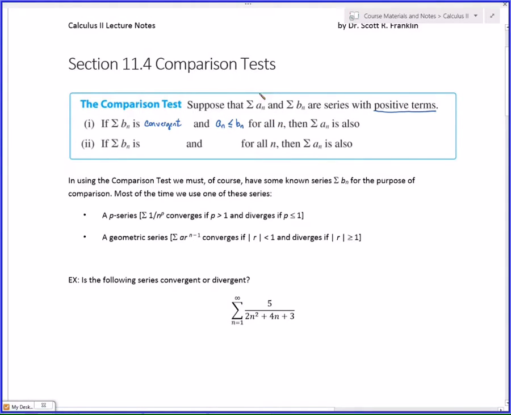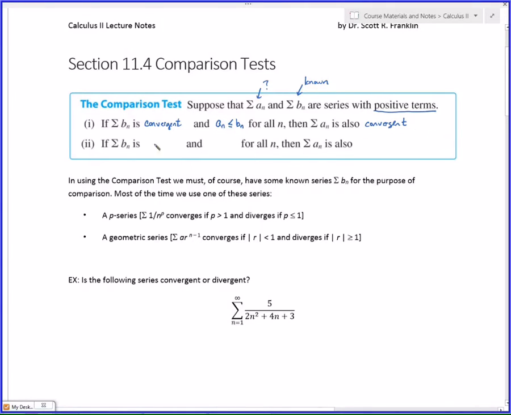Okay? A sub n is my question, b sub n is my known. That is, I know its properties. Maybe it's a p-test, maybe it's a geometric series, but let's say I already know something about b sub n, and I'm going to compare my a sub n, which I don't know anything about, to my b sub n. Okay? So in the case that b sub n is convergent and a sub n is less than or equal to b sub n, then I will know that a sub n is also convergent.